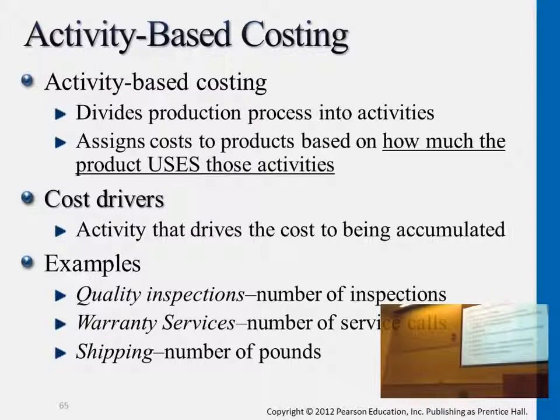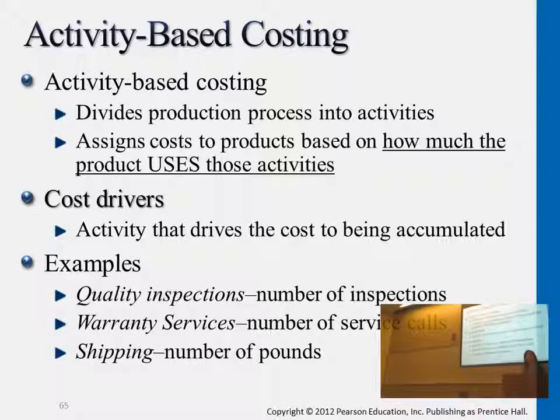Other examples here, just to give you more references. Shipping cost: usually when you purchase something, from Amazon or eBay, the cost depends on the number of items or how heavy the item is. This will be the driver of the cost incurred for shipping. Inspection cost: the number of times an inspection occurs in each season in your business.